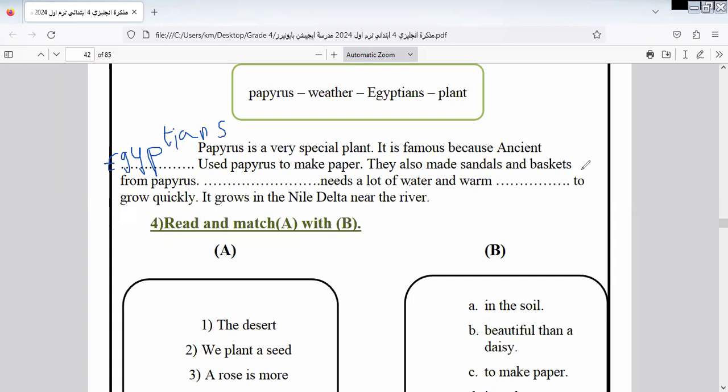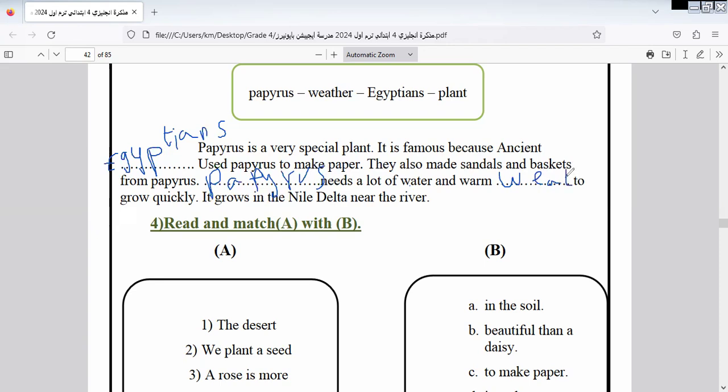They also made baskets from paper from papyrus. Papyrus needs a lot of water and warm weather, as we know during the lesson.